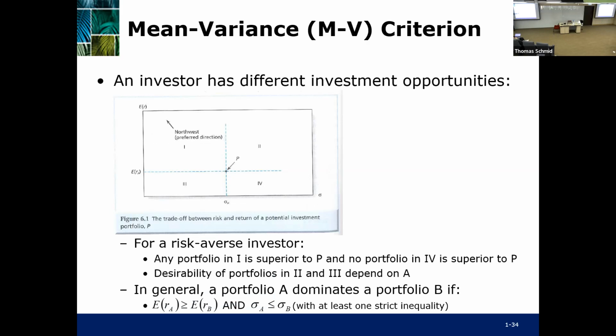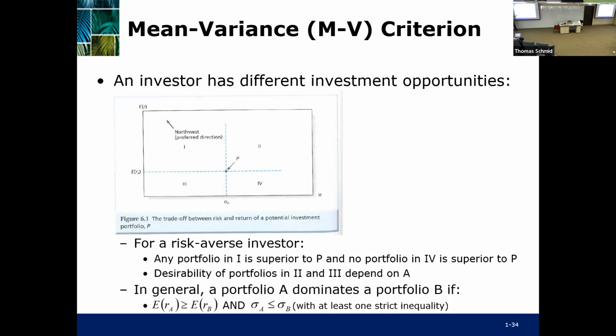Yeah. What about area 2? For area 2, we don't know, right? Because for area 2, we increase the risk, but also the expected return. So whether a specific point will be better or worse than P in area 2 will depend on how risk-averse the investor actually is.